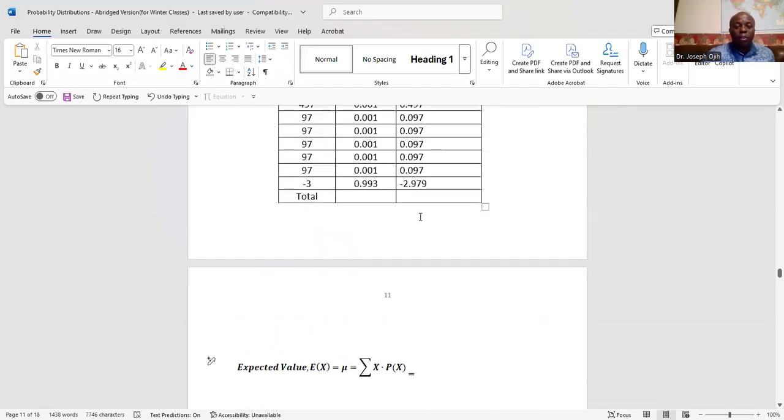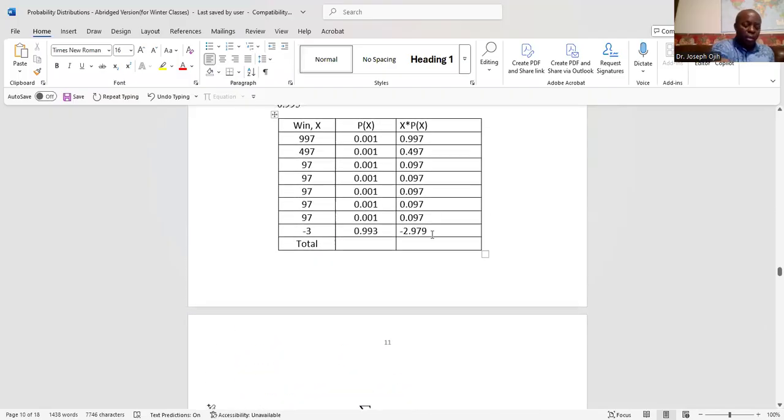That means you add all of these. I'm going to write them down on paper so I can add them with the calculator: 0.997, 0.497, 0.097, 0.097. Okay, five of them. The last one is negative 2.979.